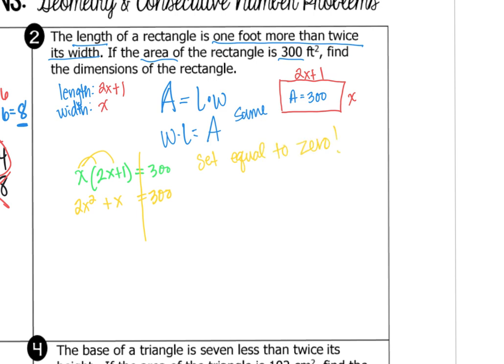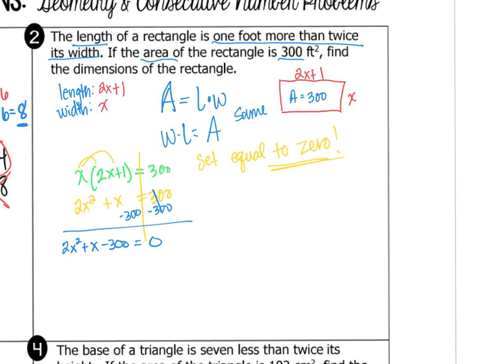And I'm going to write that out here. That's always what you have to do before you can try to solve any of this. Get it set equal to 0. So we're going to subtract that 300 from both sides. And he doesn't have a like term to go with, but we're going to make sure we're in standard form, that we're in the right order here. So we have 2x squared plus x minus 300 is equal to 0.